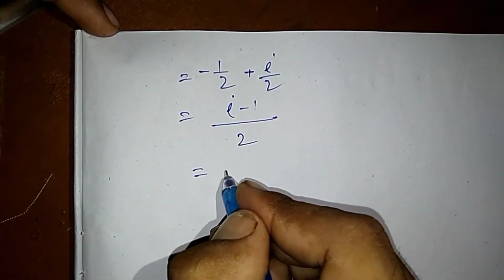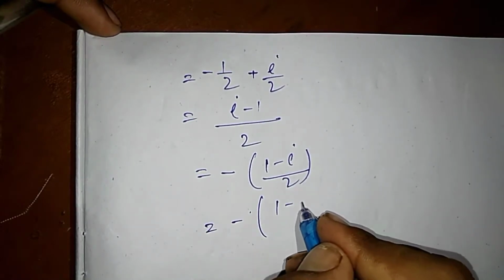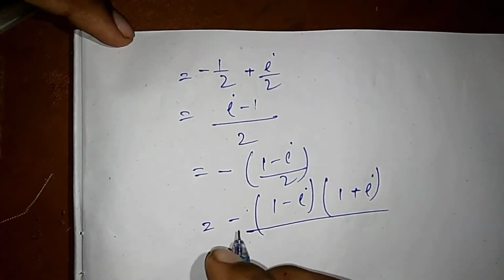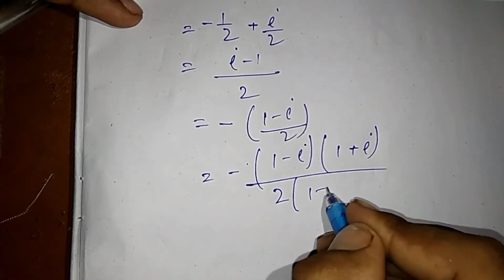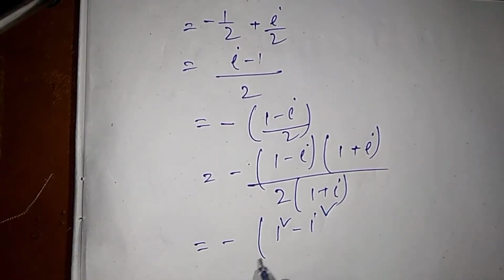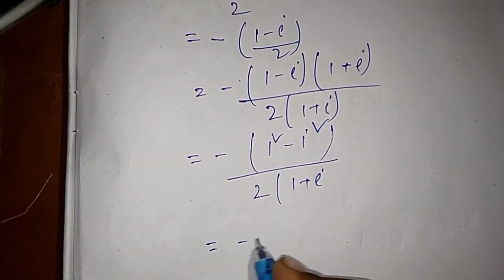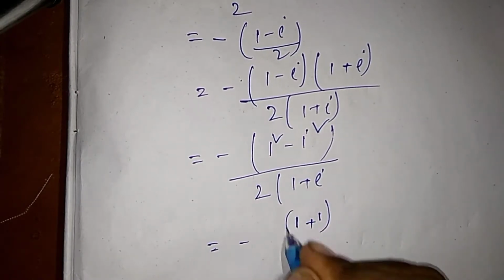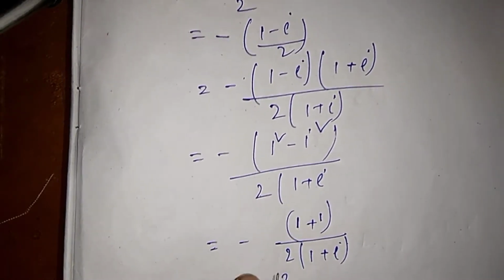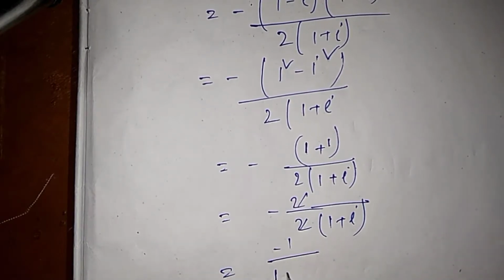Now taking minus common, it is minus 1 minus i upon 2, which is equal to minus 1 into (1 plus i) upon 2, which is equal to minus (1 square minus i square) upon 2 into (1 plus i), which is equal to minus (1 plus 1) upon 2 into (1 plus i), which is equal to minus 2 upon 2 into (1 plus i), which is equal to minus 1 upon 1 plus i.